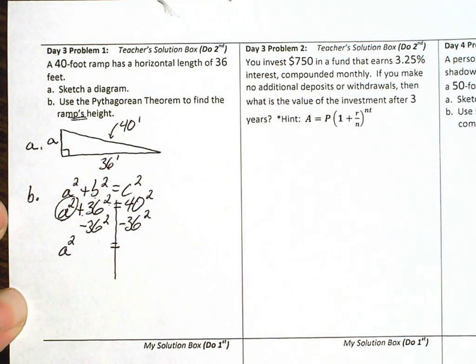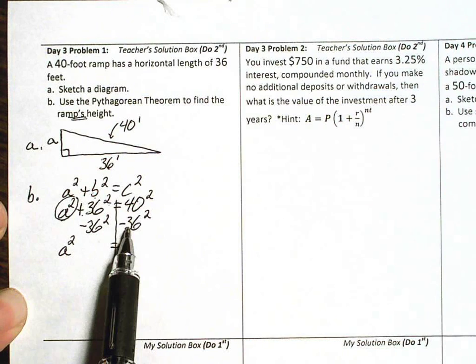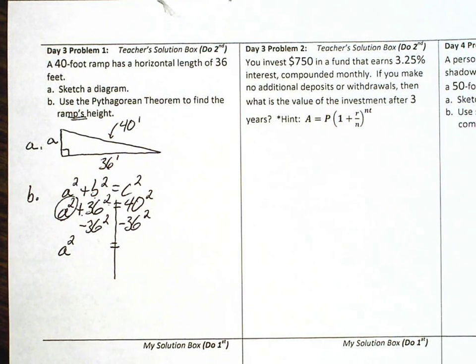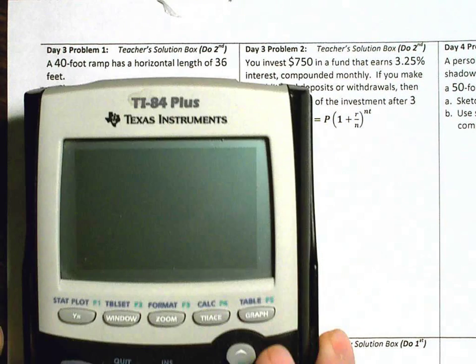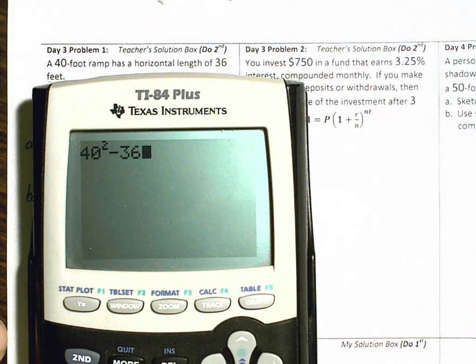And that's equal to, now over here on the right side, 40 squared subtract 36 squared is what we need to figure out. 40 squared subtract 36 squared.